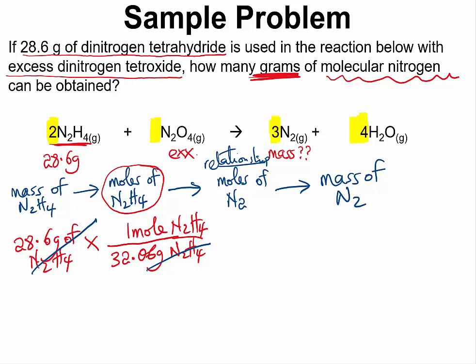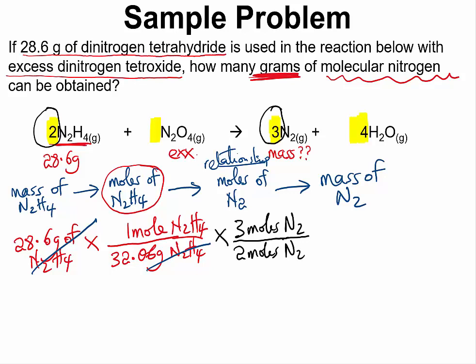And then we will relate what we want to what we know. The relationship is that normally 2 moles of N2H4 will give us 3 moles of N2. So 3 moles of N2 will be obtained from 2 moles of N2H4.